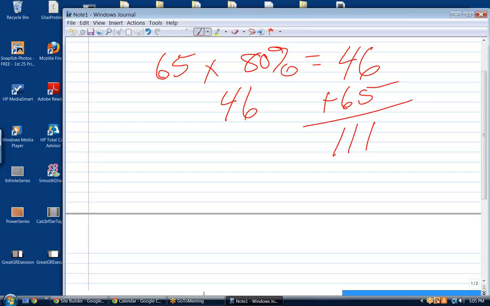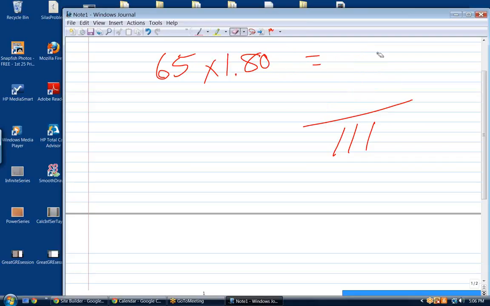So if I'm increasing 65 by 80%, I'm going to take 80% of 65 and add it to 65. Or alternatively, I could multiply it by 1.8 instead of 0.8. If I multiply it by 1.8, I get the answer immediately. Okay?